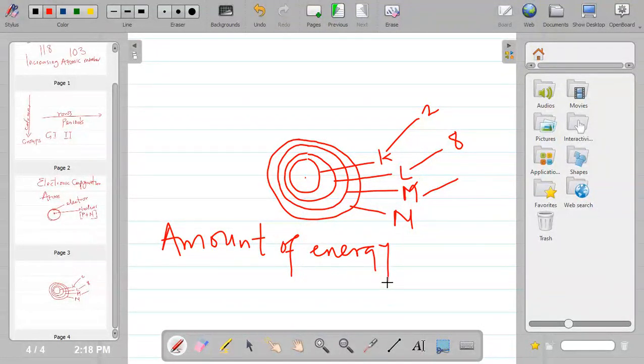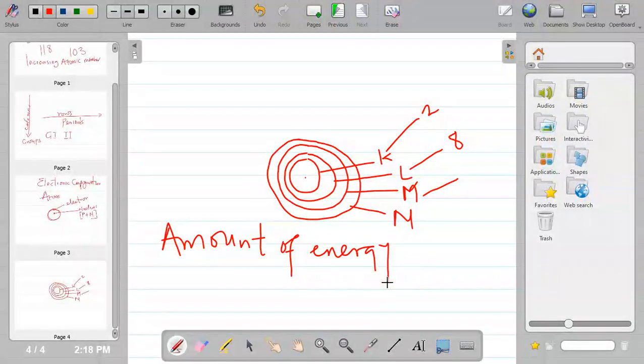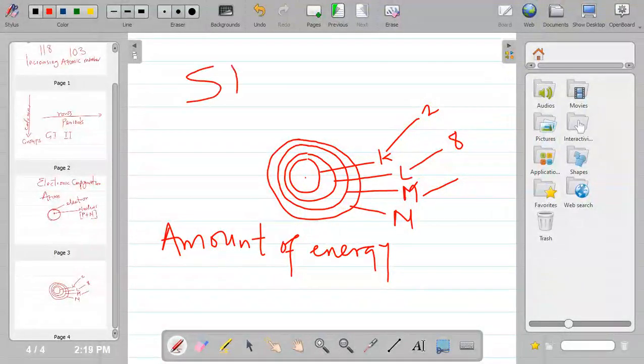Now, we should understand that in most atoms, the outermost shell is not full, and therefore these atoms react with other atoms in order to achieve a full outer shell of electrons. And all this is to attain stability.